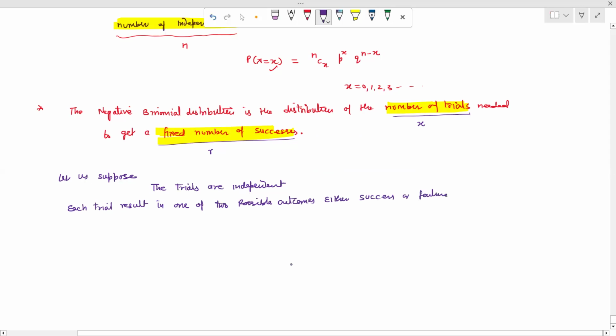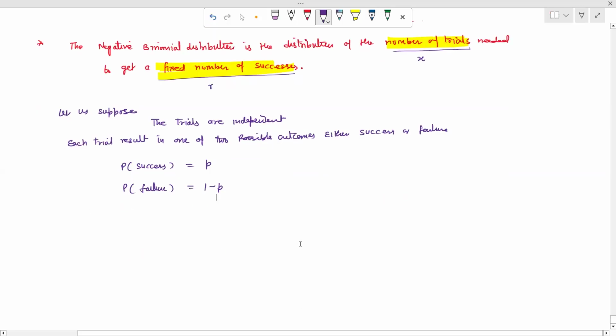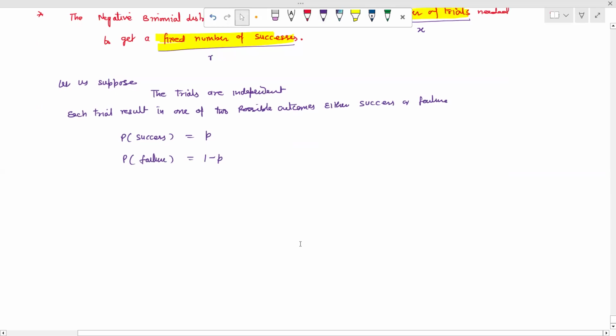We assume the probability of success is denoted as p, and the probability of failure is 1 minus p.